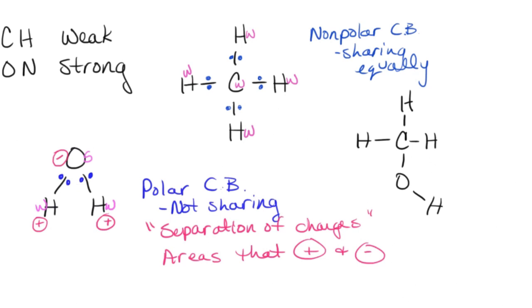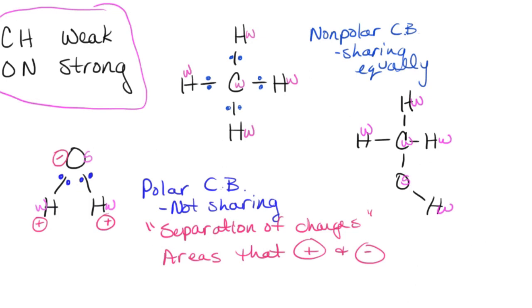And if we wanted to go through and identify each one of those covalent bonds as being either polar or nonpolar, again, we first have to think about whether the participating atoms are strong or weak. So in this case, the hydrogens are weak. And again, this all goes back to this right here. So you really should memorize that. The carbon is also weak, and then the oxygen is going to be my strong one.